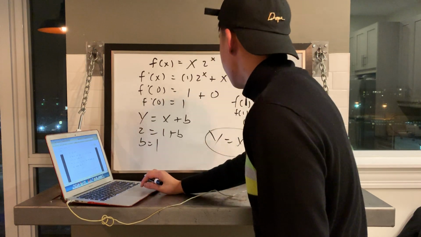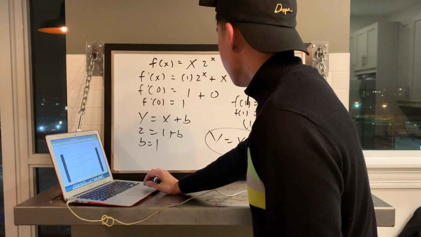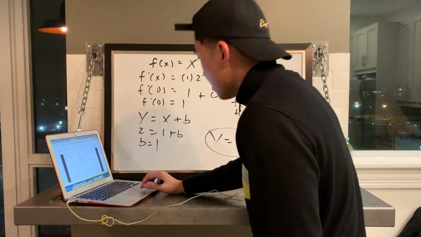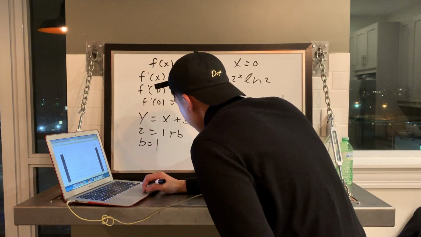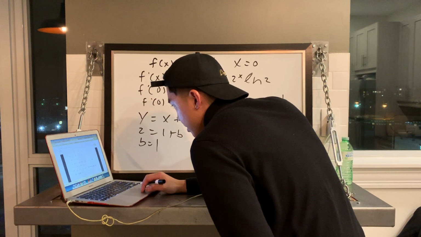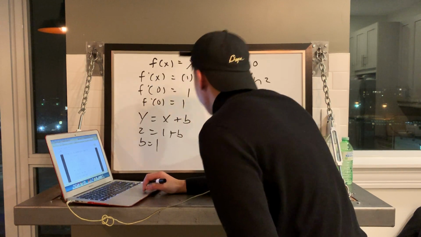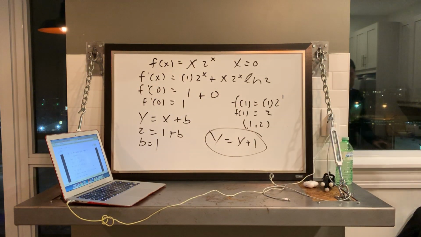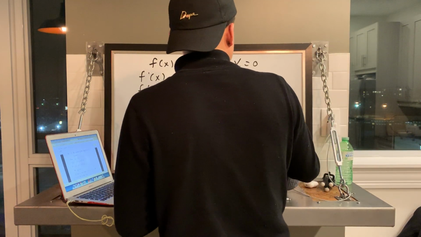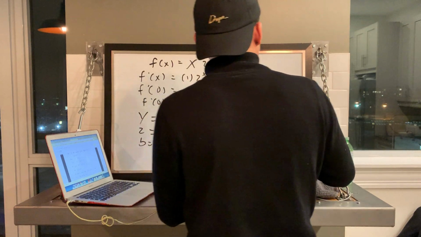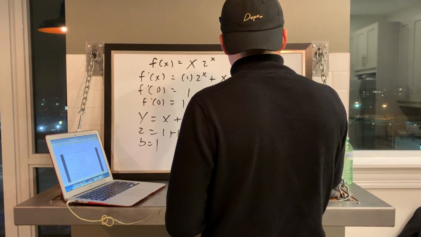What? Monstrosity. Yeah, I got the slope right. Oh my gosh, I put in f of 0. Man, taking that fat L, that's 0.